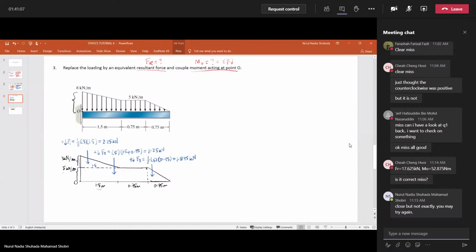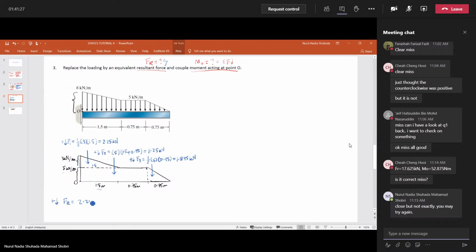Since we already get that, we can find the resultant force requested by the question. In this case, the resultant force would be you guys just add up all the forces here.